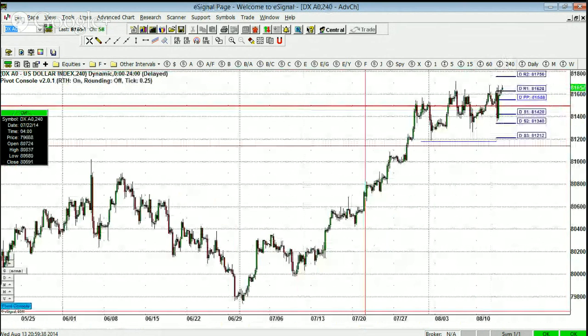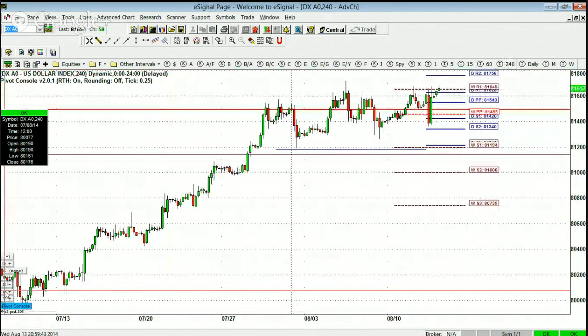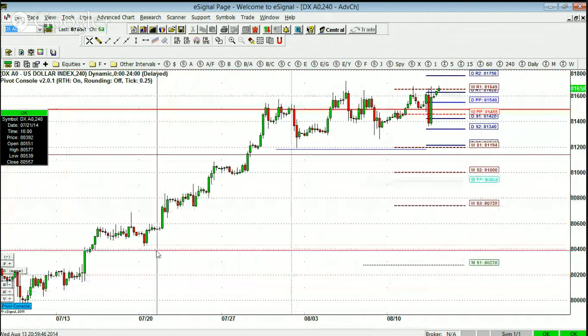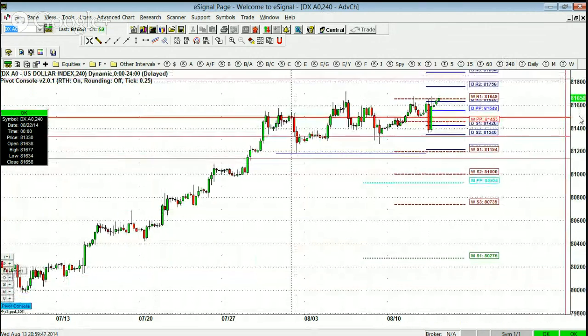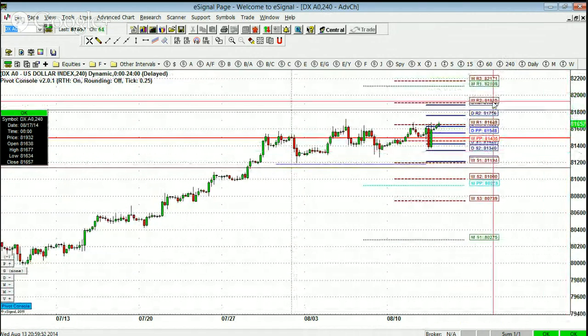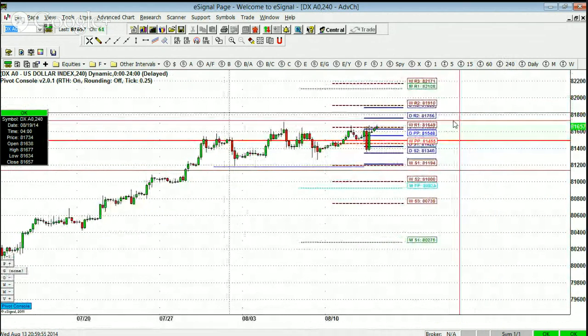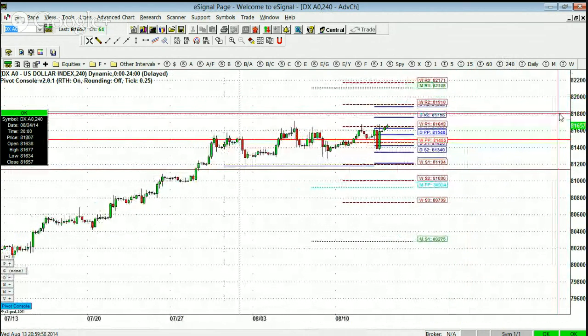And remember, in the webinar, we spoke about pivot points. Let's take a look at the pivot points for the US dollar index. The monthly pivot point is up at 82.10, and the 50% Fibonacci retracement level is at 81.90.